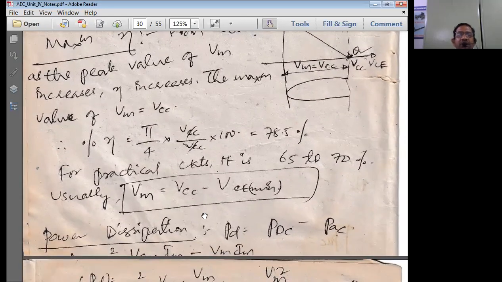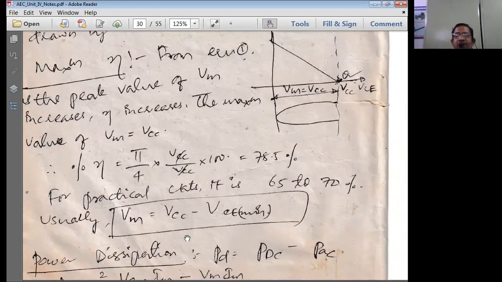Now, what about the expression for the maximum efficiency? That is the point that we have to really consider here. So the maximum Q value means what? Just now we have seen in the equation, if RC is equal to 0, VCC becomes equal to Q. So the maximum swing voltage is going to be what now?